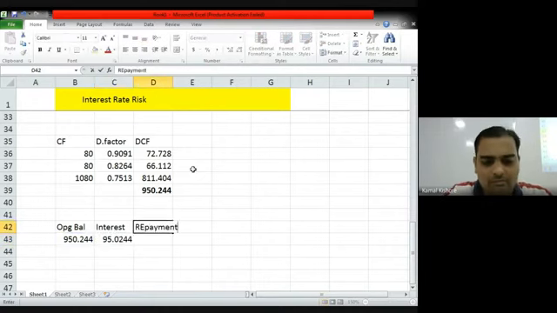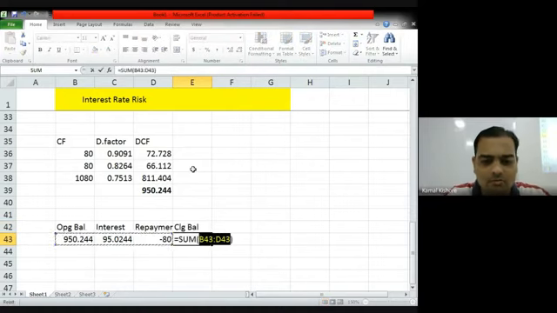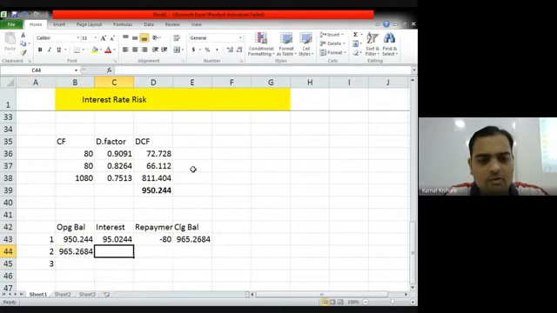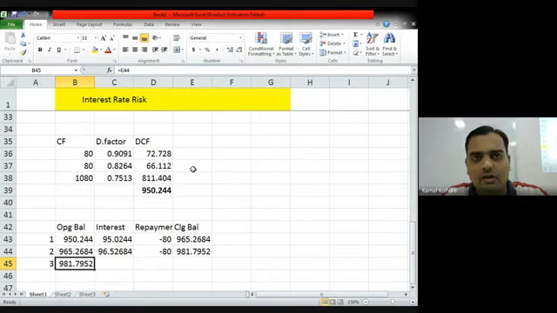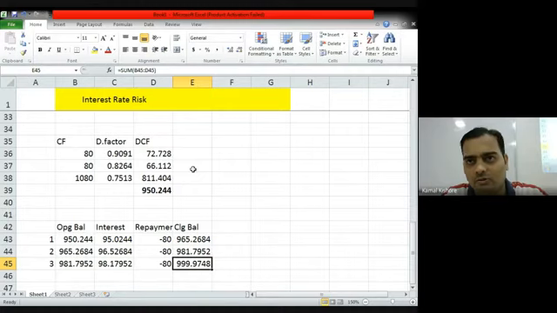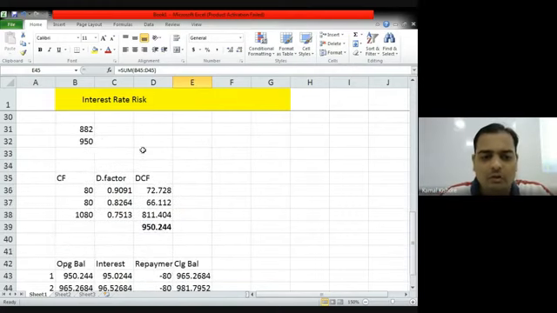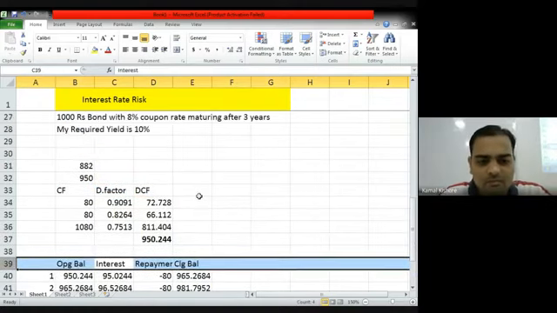Repayment, 80. So closing balance. Then this becomes the opening balance for the second year. Interest, repayment, closing balance. Then this becomes the opening balance for the subsequent year. Interest, repayment, closing balance 1,000 rupees at the end of the third year. So everything is the same.